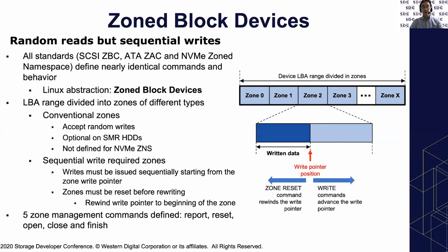In contrast to these write operation restrictions, read operations have no restriction. Read can be done at random positions. This contrast, restricted write and no restriction to read, implies that write once, read many is the suitable usage of the zoned block devices.